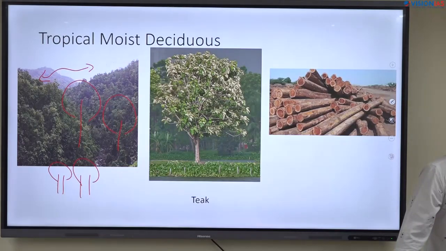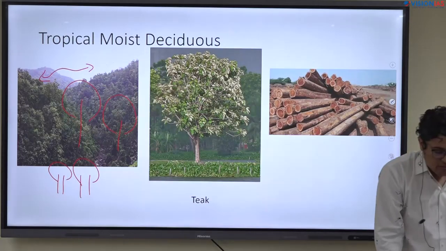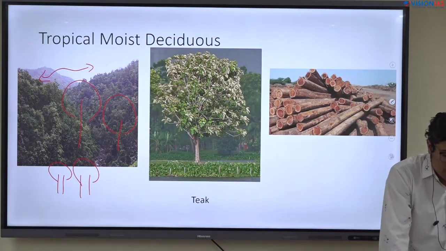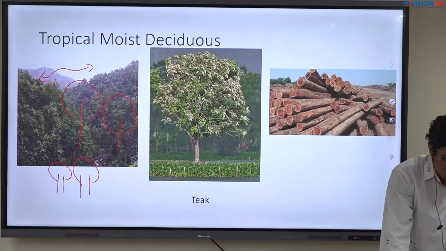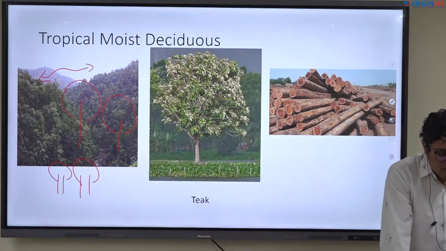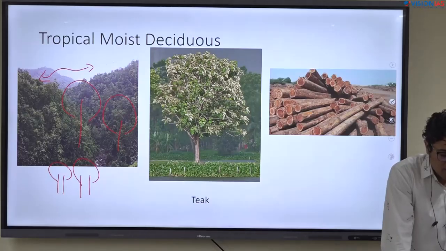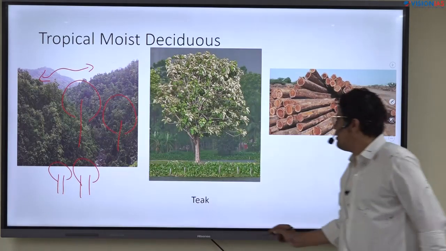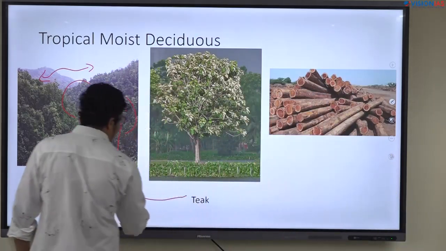This forest occupies a large area as compared to the previous two. But most of these forests have been cleared for cultivation. These provide valuable timber like teak. So teak is the major species of this forest.